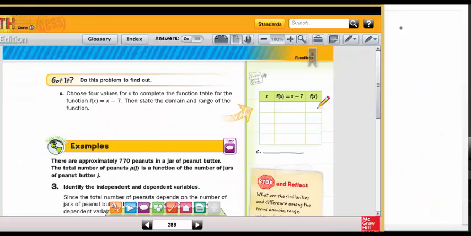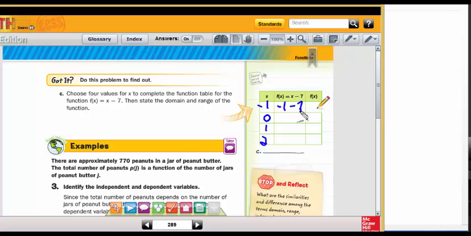Okay, problem C. Choose 4 values, and remember I asked that you use -1, 0, 1, and 2, so that is what I'm going to use. Choose 4 values for x to complete the function table for the function f of x equals x minus 7. So we have -1, and remember to fill this part of the chart out every time you do one of these.